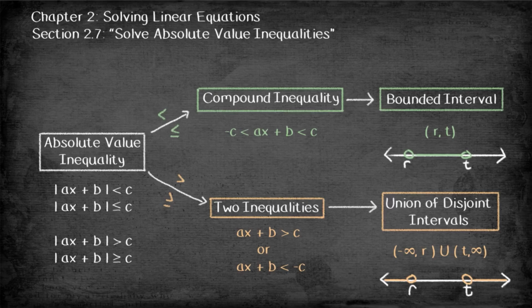We call them disjoint intervals. There's one specific case where these 2 points would overlap with each other, but we're not going to worry so much about that. And that about wraps it up for section 2.7 and chapter 2.